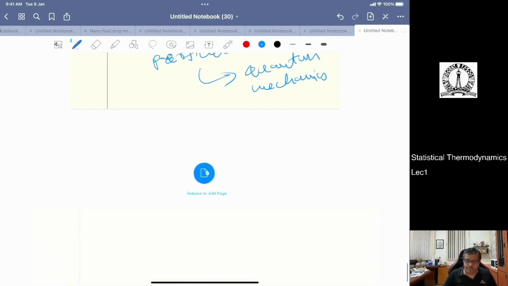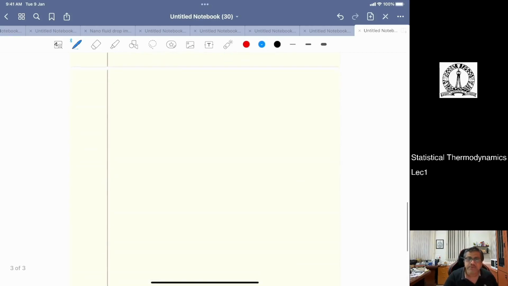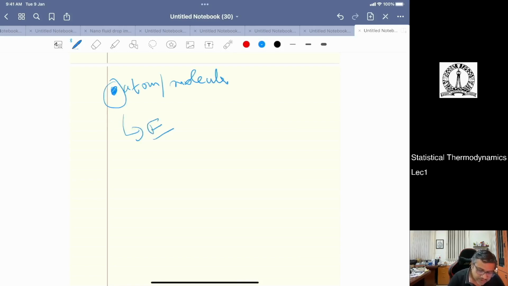Now, one of the most important results when you deal with a quantum mechanical system is that the energy of any single atom or molecule, say this is an atom or a molecule, the energy E of this atom or molecule is not continuous but discrete.